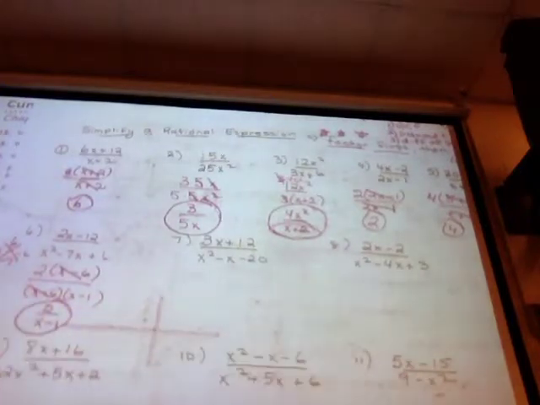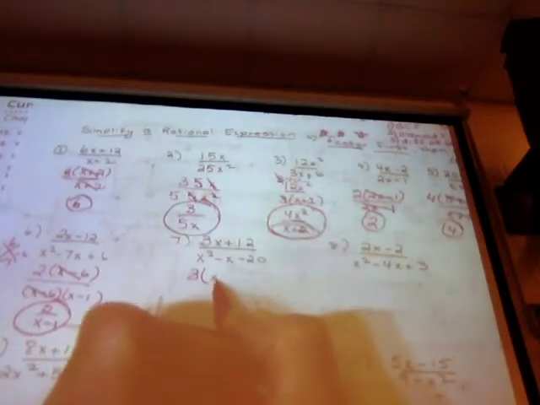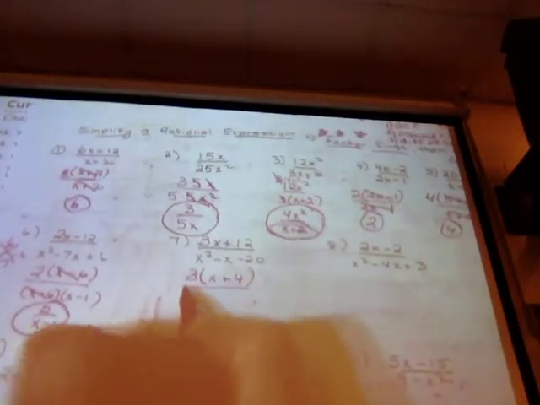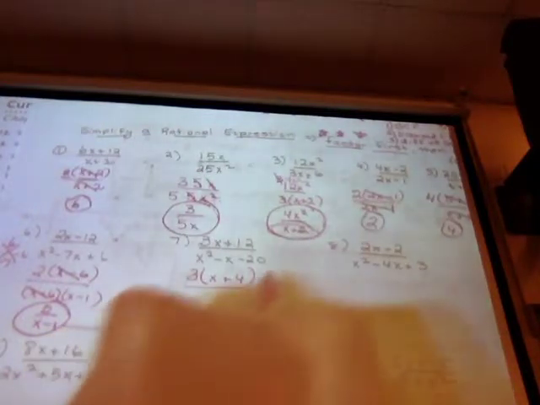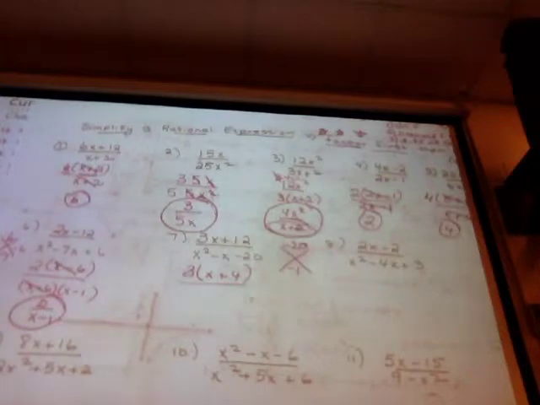Very good. Darren, what would you do on number 7? Find the GCF. And what would that be? 3. That would be a 3, and what would we have then inside the parentheses? x plus 4. And down here, use the diamond. Okay, you'd have negative 20 and a negative 1, and what would I have then? 4 and negative 5.